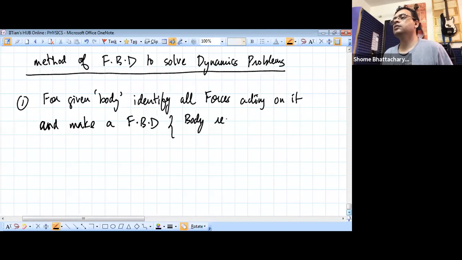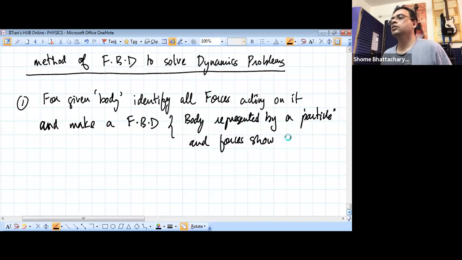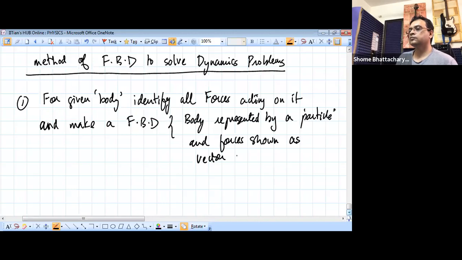The body represented by a particle and forces shown as vector arrows. So what is a free body diagram? You represent the body which you're considering as a particle with all the forces which you've identified earlier on it, shown as vector arrows from that particle.